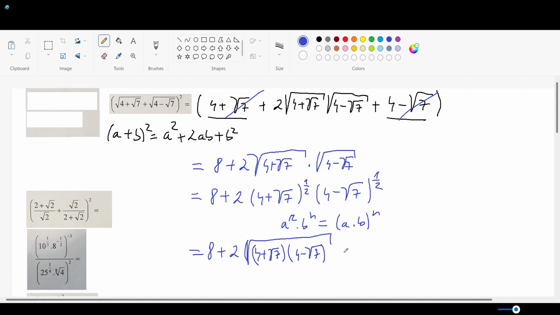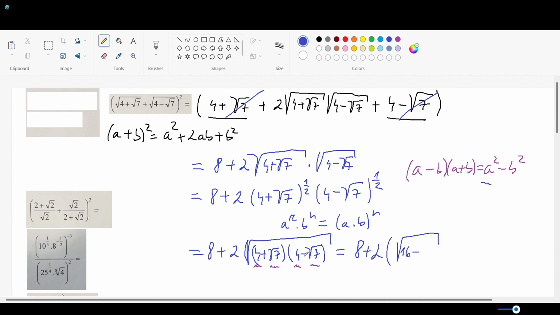Yes, so I do the multiplication here, and this is really good news. Now I can see it, because this is like a plus b times a minus b, which will again lead to this super special formula, and it means a squared minus b squared. So my next step here would be 8 plus 2 times square root of 4 times 4, which is our a squared, is 16.